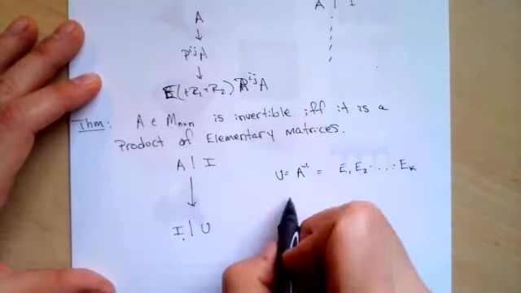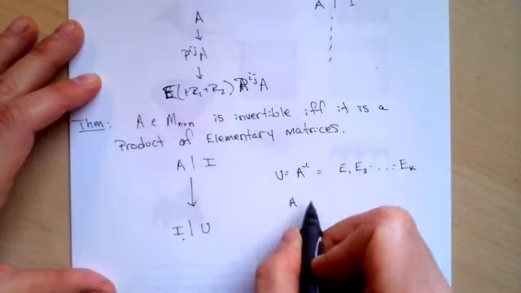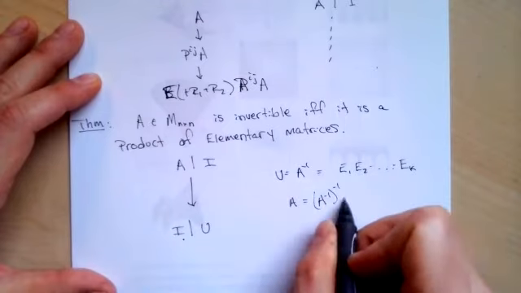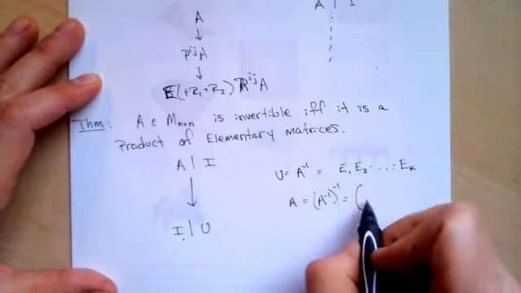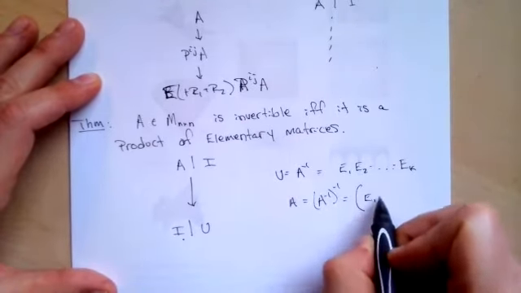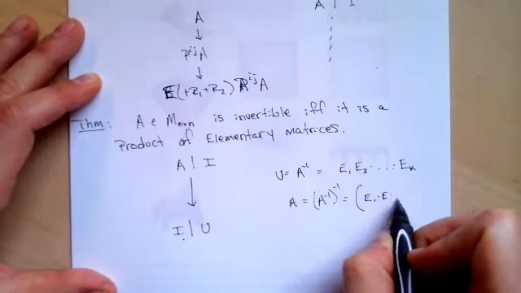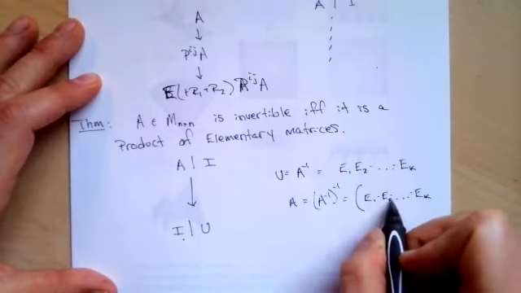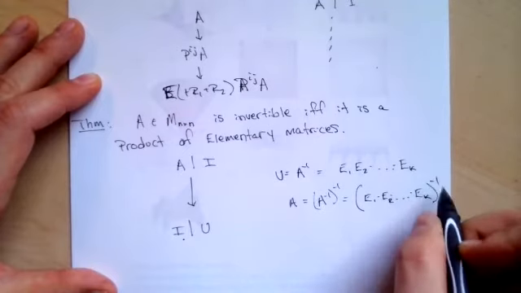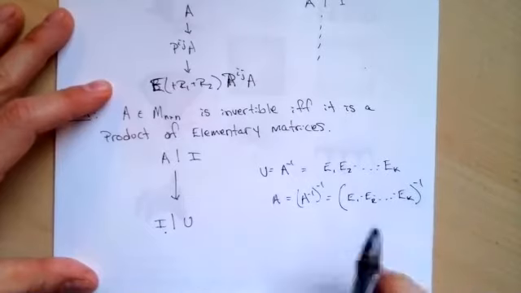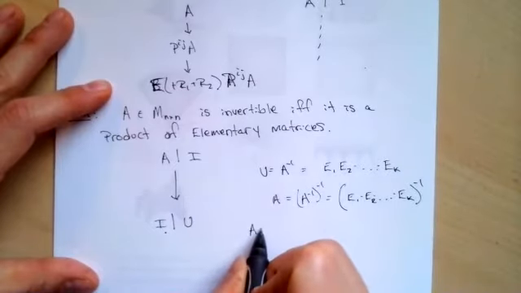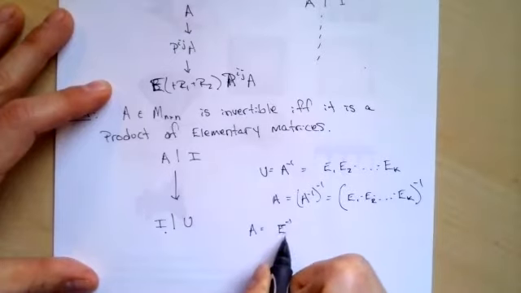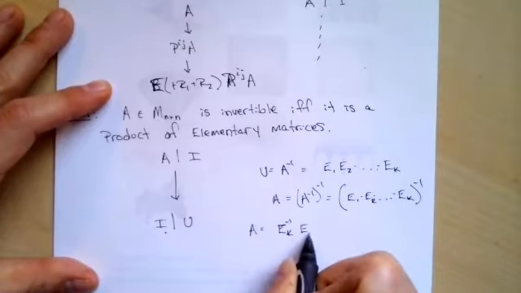Then by our properties of inverses, to get back the original matrix A, we just take the inverse of the inverse, or the inverse now of the product. And by our multiplication property, this says that A is now EK inverse, and so on.